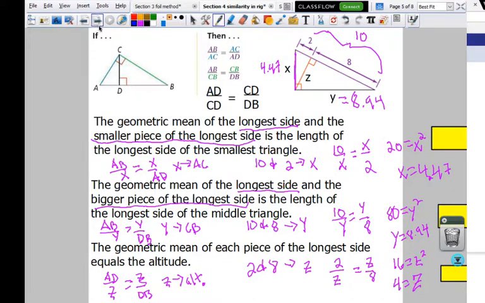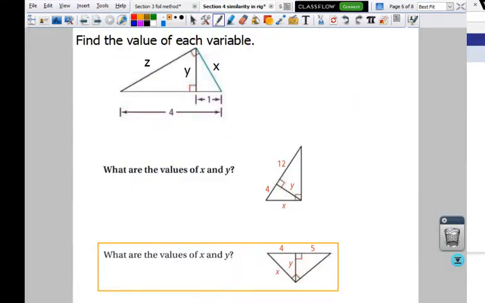Alright, you guys ready to try one together? Yeah, let's try one together. We're going to find the value of each variable. If I take the whole thing and the littlest piece, and I find the geometric mean of the longest side and the little piece, that is going to equal this piece right here. So the whole thing is 4.